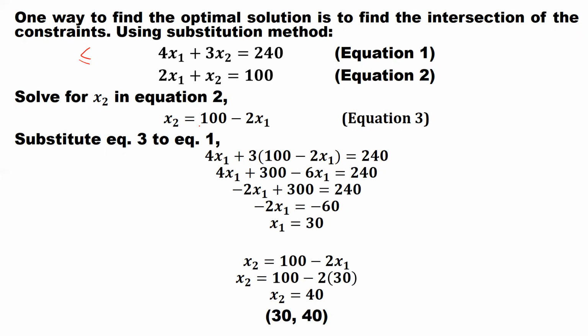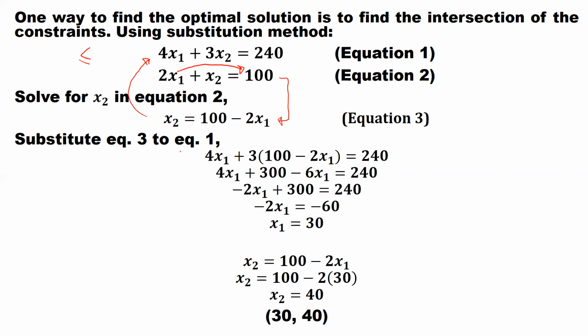So here what we do is from the second equation, we solve for x sub 2. So by subtracting both sides by 2x sub 1, we have x sub 2 equals 100 minus 2x sub 1. And then what we do is this equation 3 is substituted to the first equation.